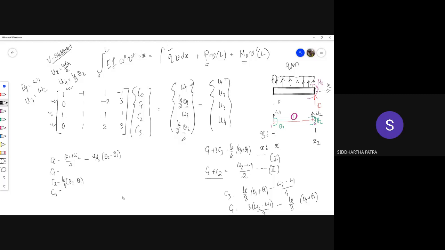Okay, so substitute for these values of C0, C1, C2, C3 in the expression of W, and then find out what are the coefficients of Ui.